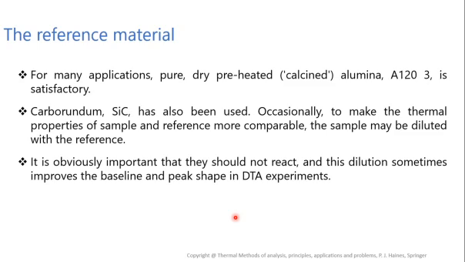Carborundum, silicon carbide, has also been used occasionally to make the thermal properties of the sample and the reference more comparable. The sample may be diluted with the reference. It is obviously important that the reference should not react, and the dilution sometimes improves the baseline and the peak shape in the DTA experiment.